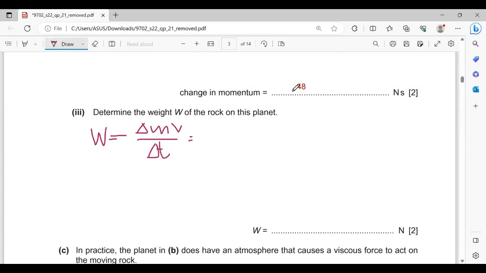As you know, the change in momentum is negative 48 over 4, and the solution is negative 12 newtons, or 12. So the answer is negative 12.